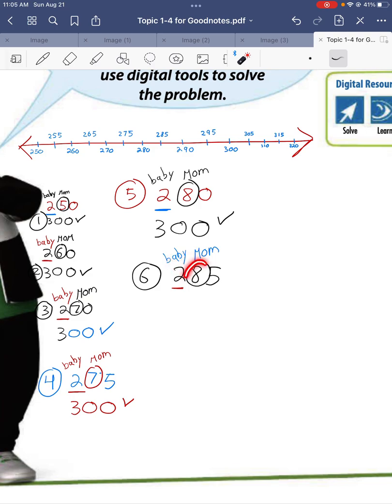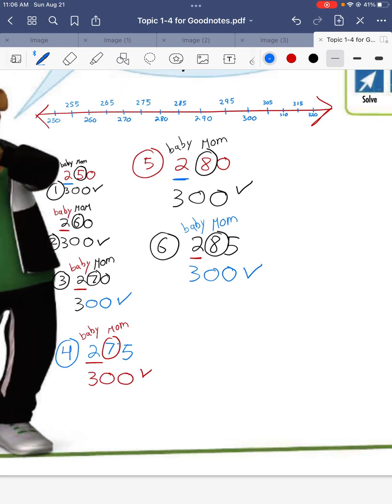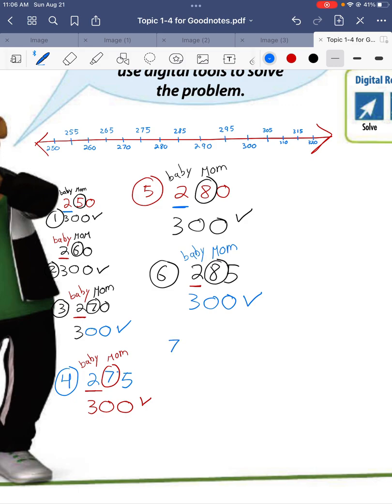So if the mom is 4 or less, baby stays the same. If the mom is 5 or more, baby adds 1 more. So this is 5 or more. I add 1 more to the 2, it becomes a 3. Everything else to the right becomes a 0. Okay, and then we do one last one, 7.